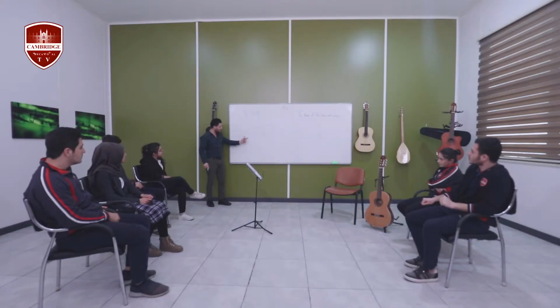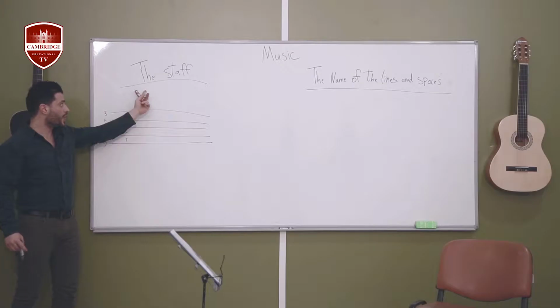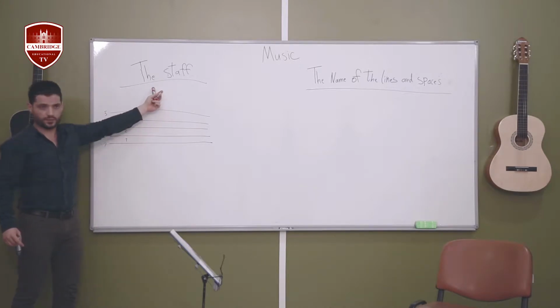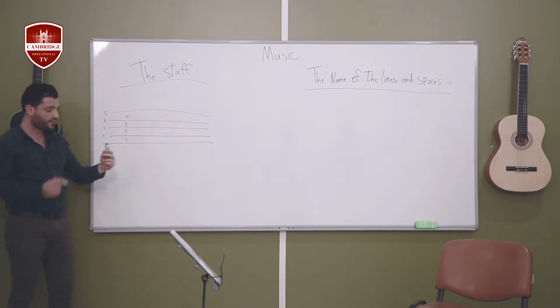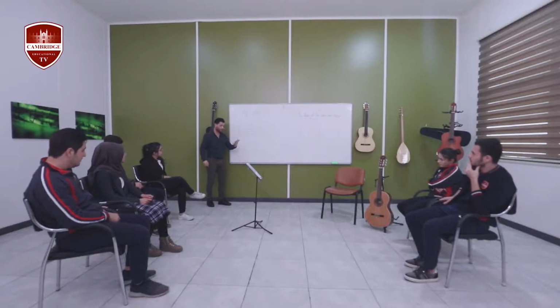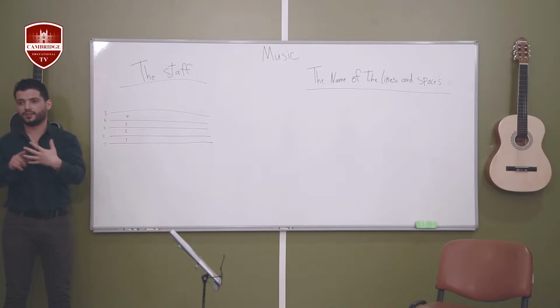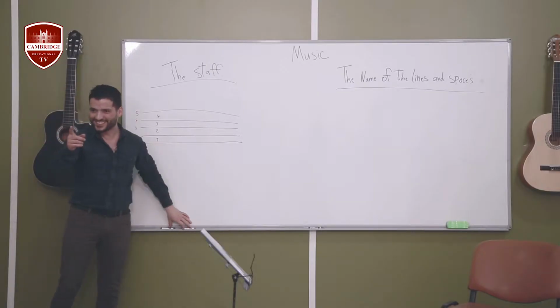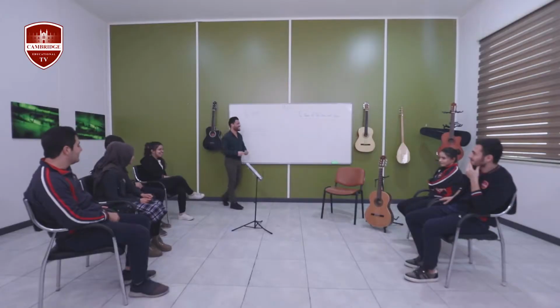If you want to find this online or anywhere, you have to search for the staff. You don't say 5 lines and 4 spaces. If you forget, you just remember you have 5 fingers and 4 spaces between them.